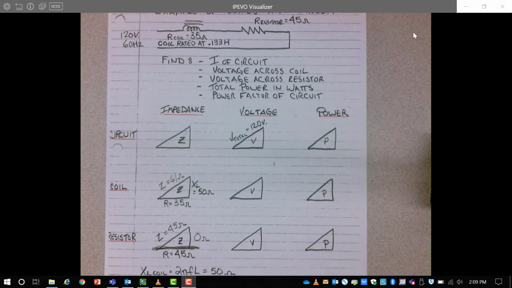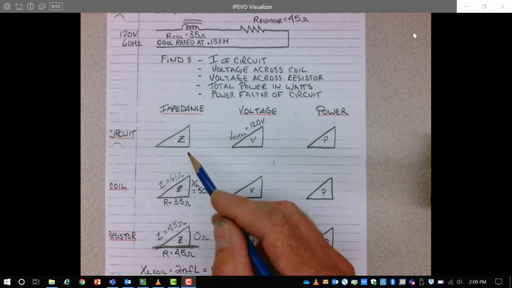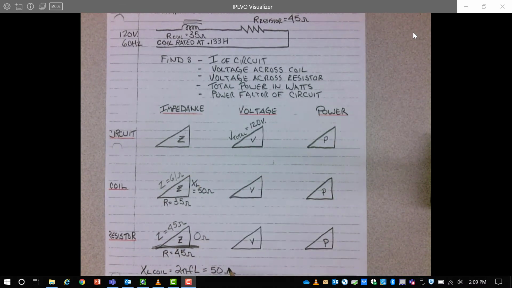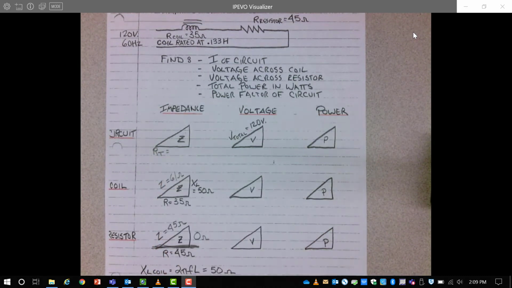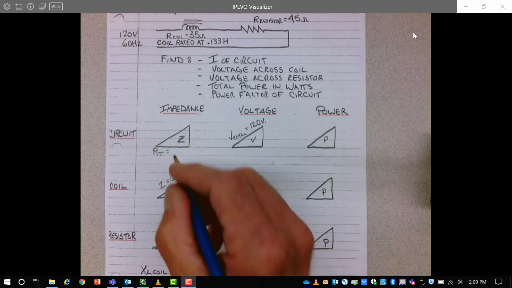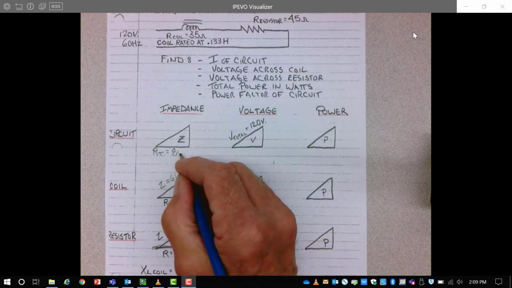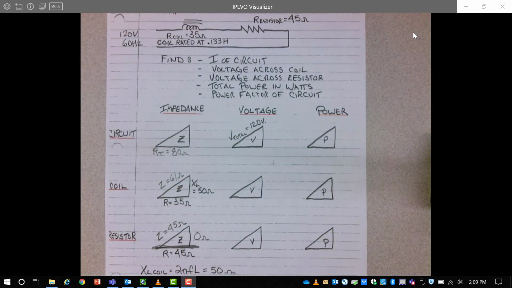So we can add our values and look at this circuit impedance triangle and say that the total resistance in the circuit is the resistance of the coil added to the resistance of the resistor, 35 ohms plus 45 ohms, which would be 80 ohms, is our total resistance.